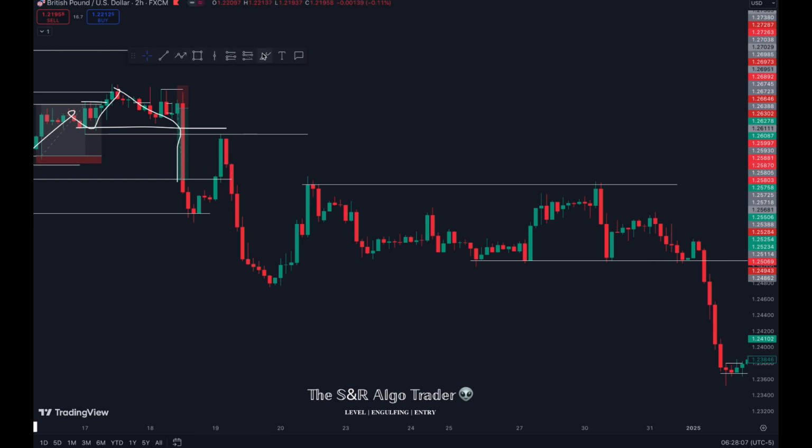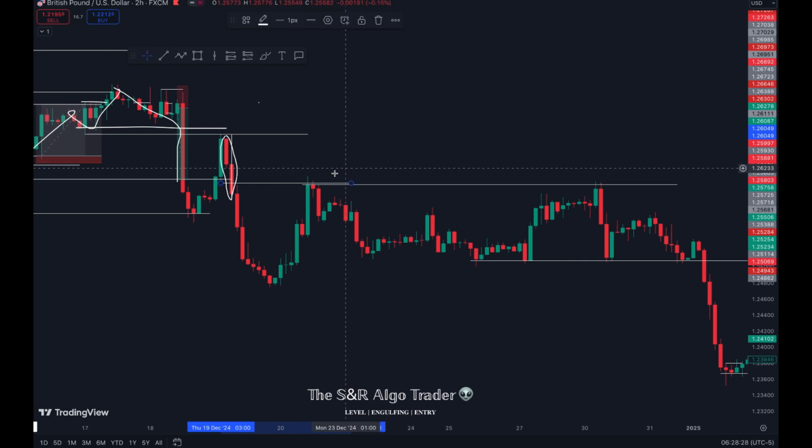When two candles merge like this, they create an engulfing candle. So you will use this candle's close, with the tip of the candle it engulfed here, as our entry.